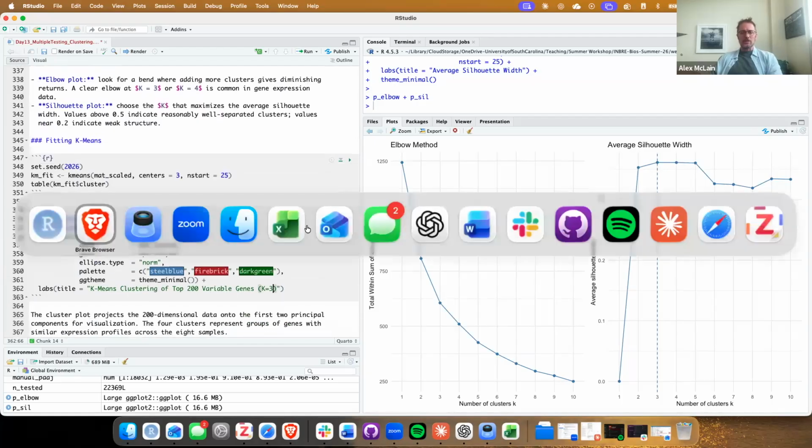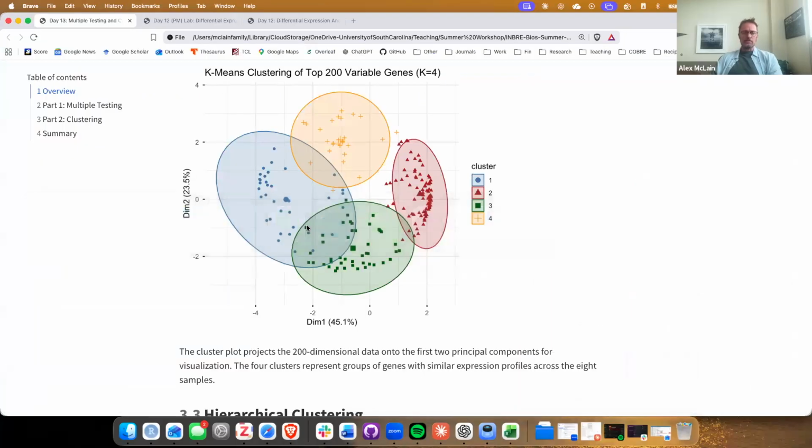There's also something called the gap statistic, which is another thing to use. So when we see separation in this plot, it's nice. If we don't, it does not mean that we're using the wrong number of clusters. I wish I could give you a more straight answer than that, but that's the way it goes.